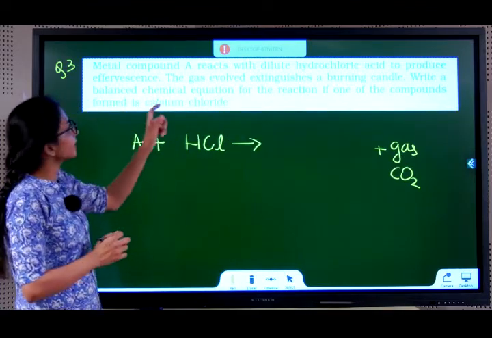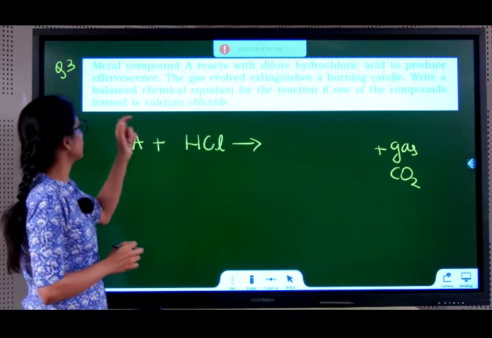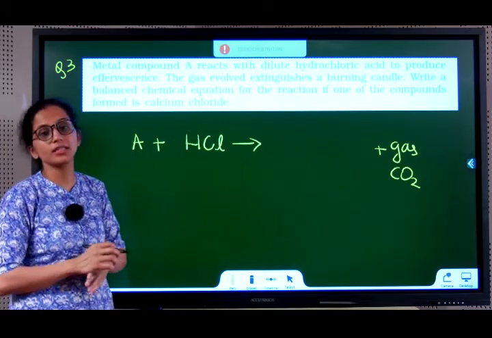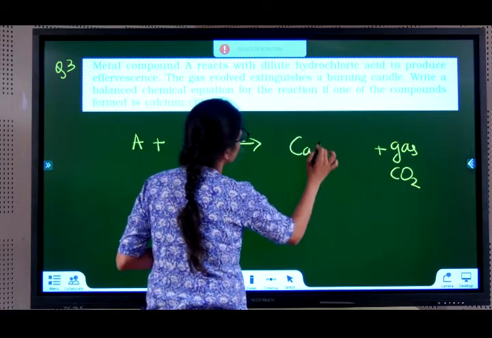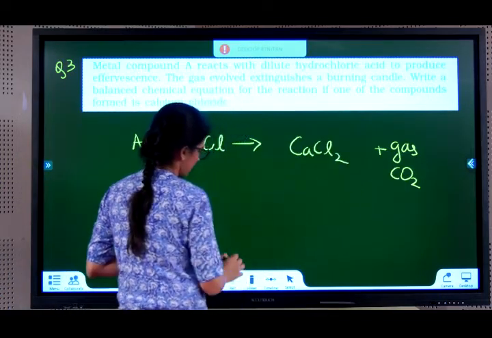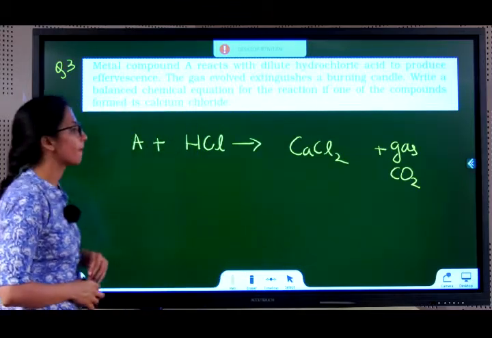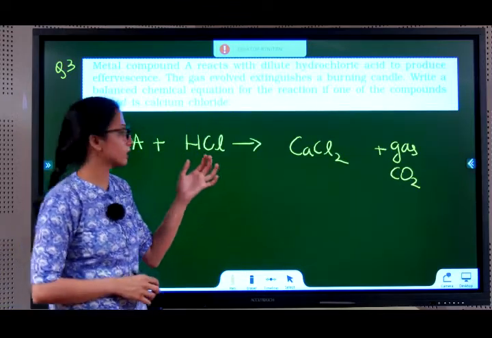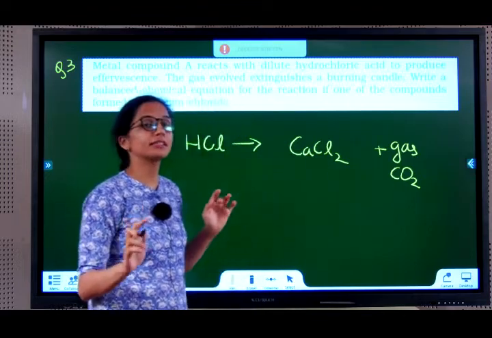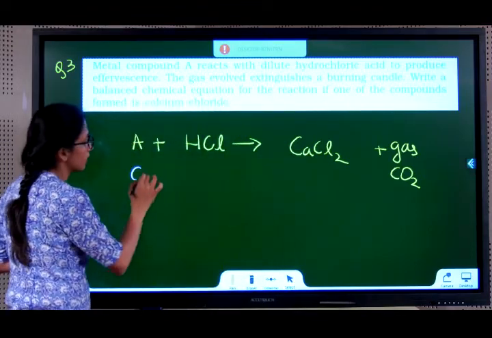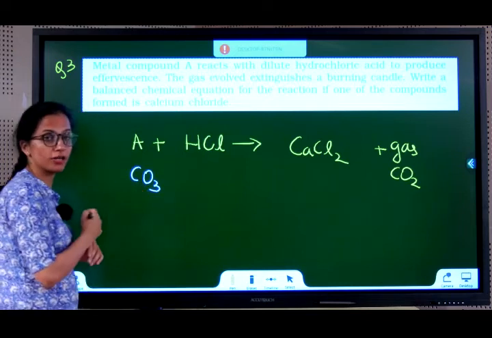Write a balanced chemical equation for the reaction if one of the compounds formed is calcium chloride. So one of the compounds formed is calcium chloride, they have told. So now how do we do this? Which reaction until now did you study and understand that? Carbon dioxide gas coming out. If carbon dioxide gas is coming out, can I say the product has to be a carbonate or a hydrogen carbonate?